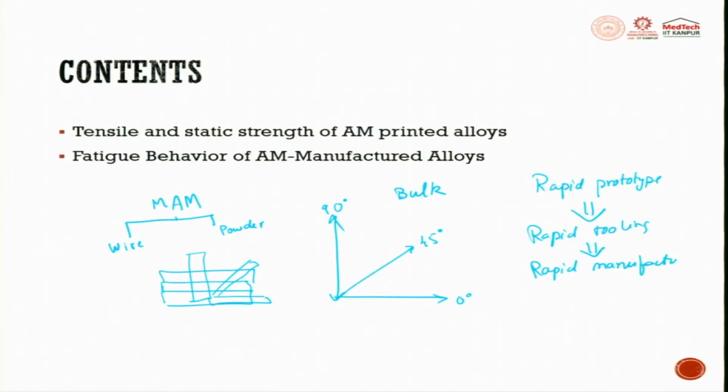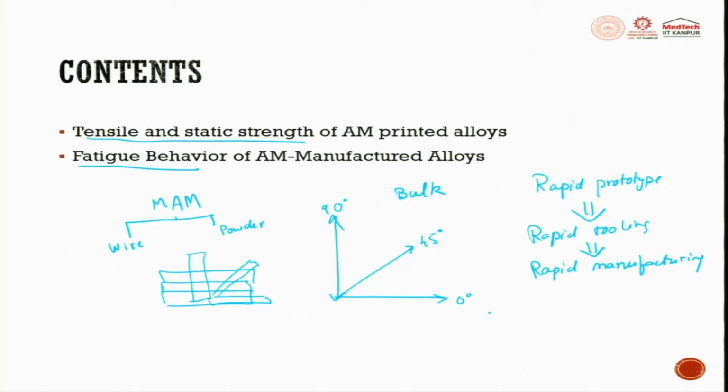So, when we have to get ready for such conditions, the product we print should be very good in terms of tensile and static strength and fatigue behavior, apart from hardness. All these things are destructive testing. There are also non-destructive techniques through which you evaluate the quality of the output.